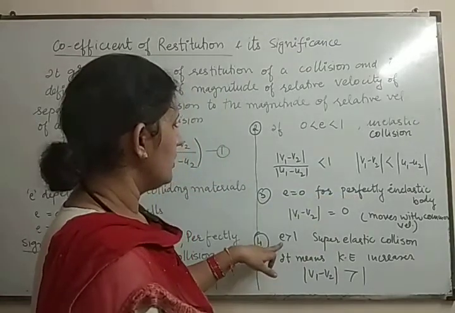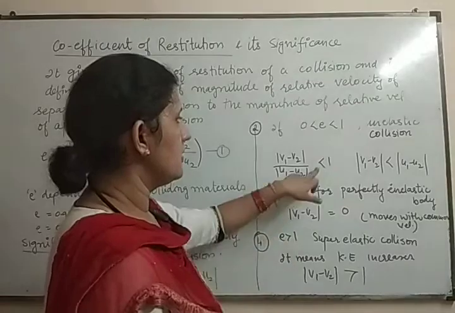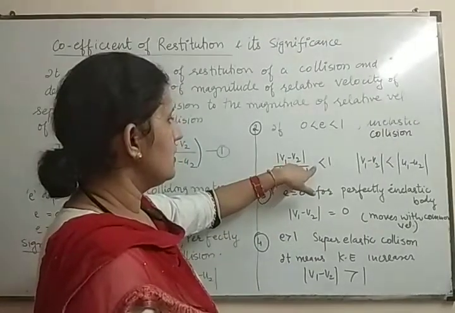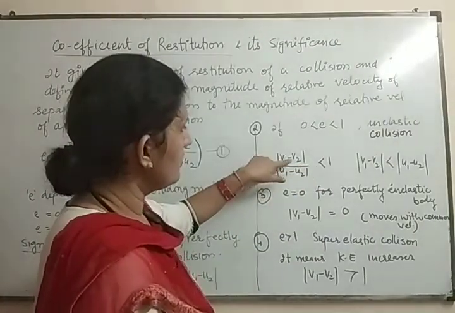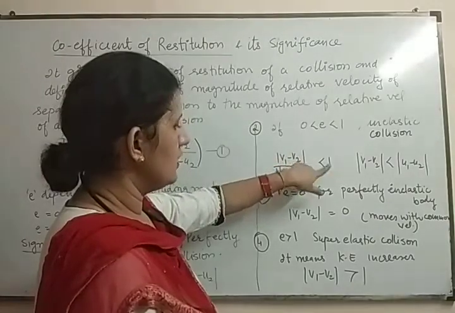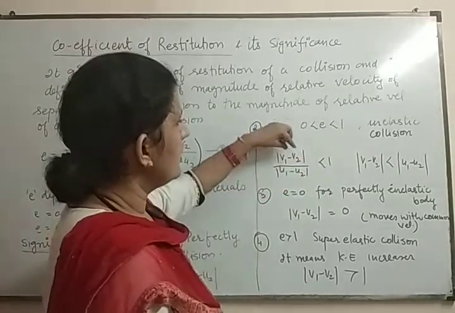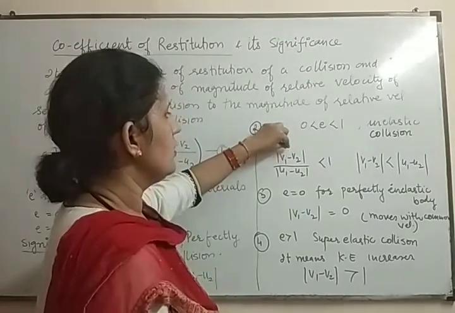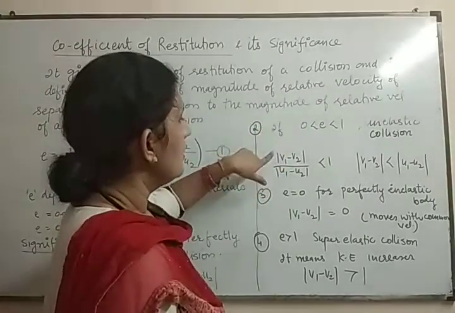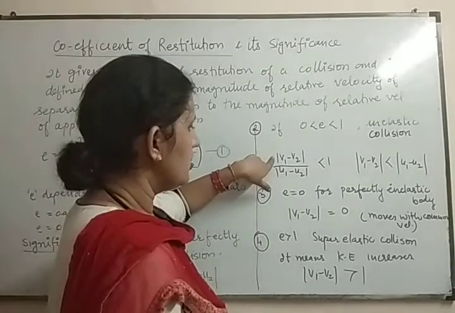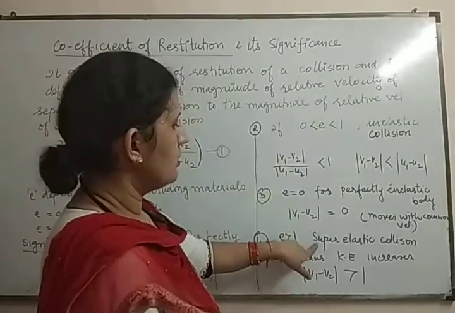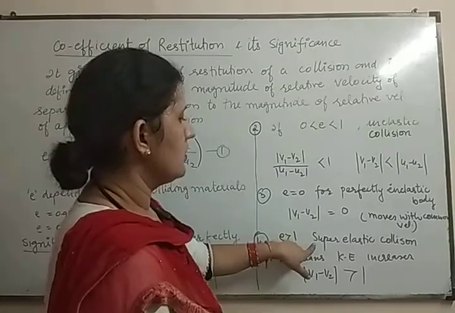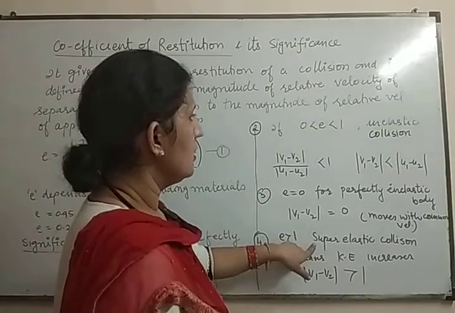And the last one is if the value of e is greater than 1. It means the velocity after collision increases, which results in an increase in kinetic energy of the objects, and this kind of collision is known as superelastic collision.